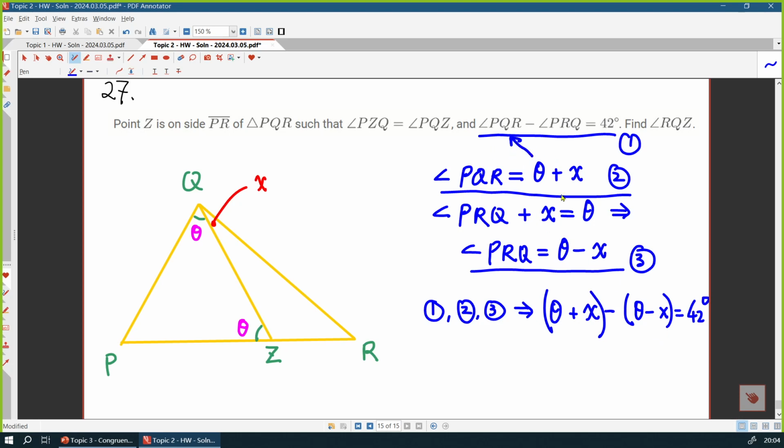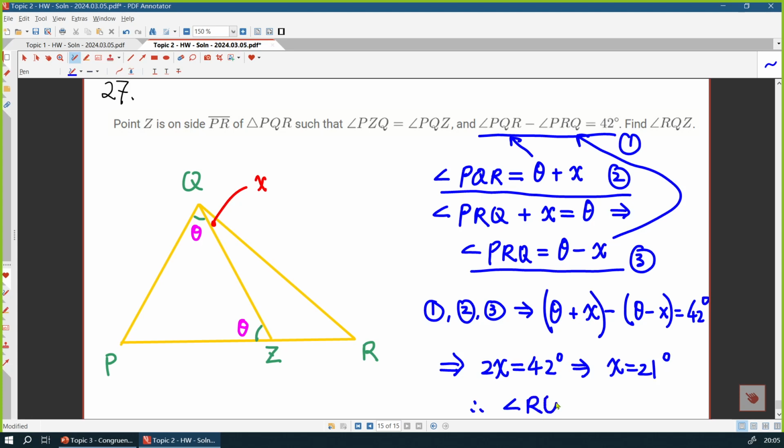So just insert these two expressions here respectively, and we get one equation in terms of x, which means 2x equals 42 degrees, and of course x equals 21 degrees, right? Therefore the angle you're looking for, RQZ, equals 21 degrees.